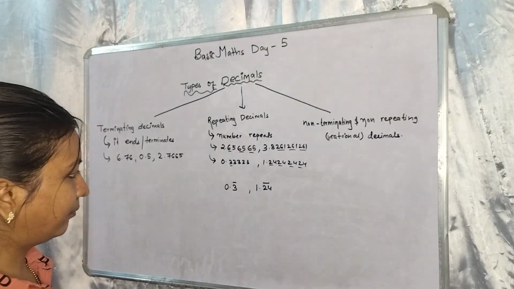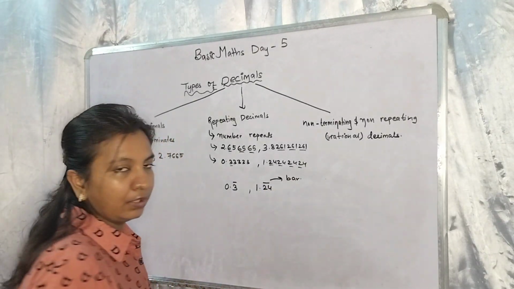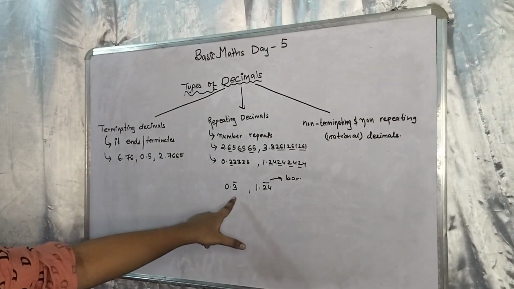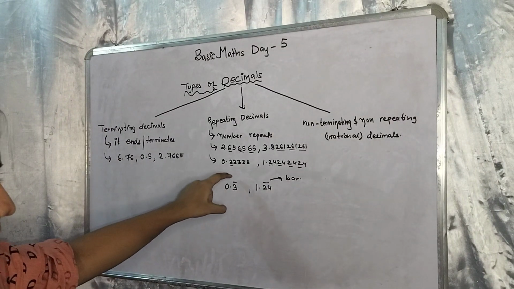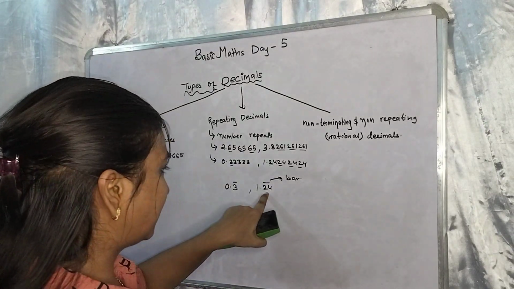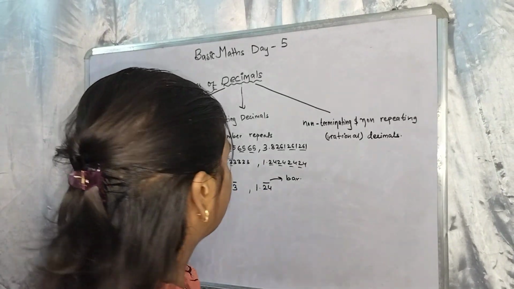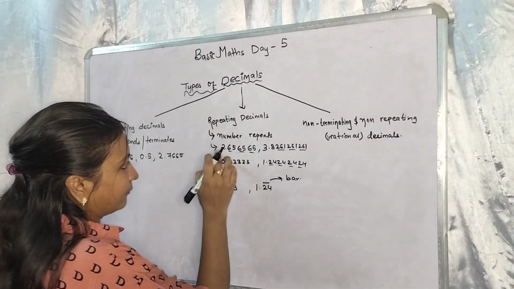So this is a bar. Why am I teaching this in decimal? Because this bar signifies that this number is getting repeated continuously.